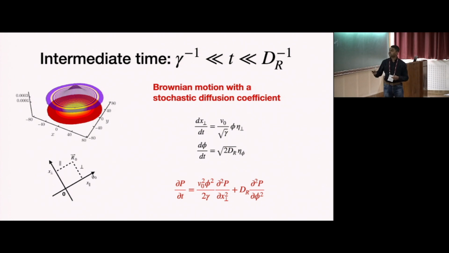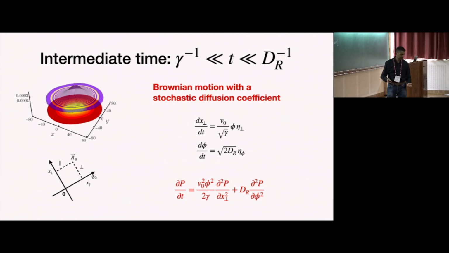Okay. So in this state, we are going to focus on only one variable in this talk. There is an asymmetric state, and if you look at the fluctuation along the perpendicular direction of the initial orientation, you can write down an effective equation for that. This is like a Brownian motion with a diffusion coefficient which itself is a Brownian motion.